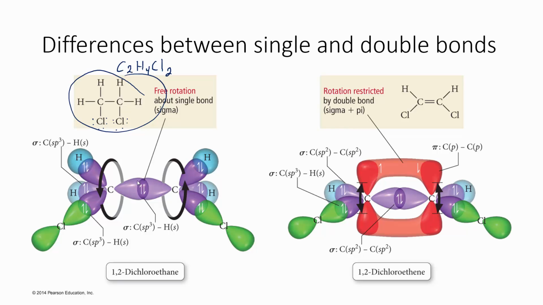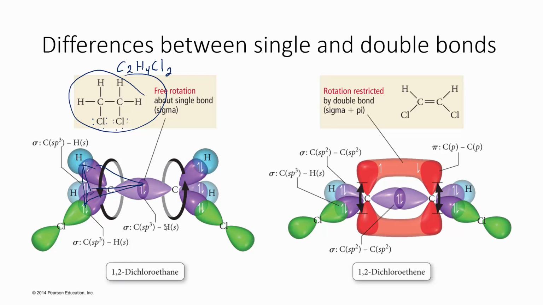We can see the sp3 hybridization, so we have a tetrahedron here, and a tetrahedron on the other side as well, but the carbons are overlapping with sp3 orbitals.